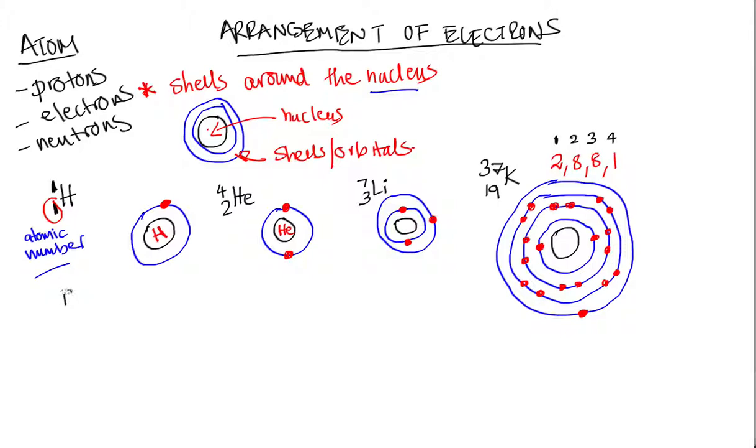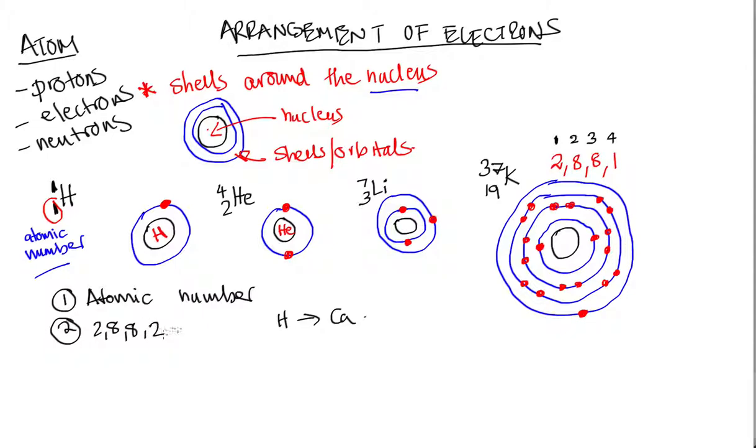So first of all, we need to know what the atomic number is in order to draw the electronic structure. And number 2, we need to know that the first shell can take a maximum of 2, the second 8, the third 8, and the fourth, for hydrogen right up to calcium, will take a maximum of 2.